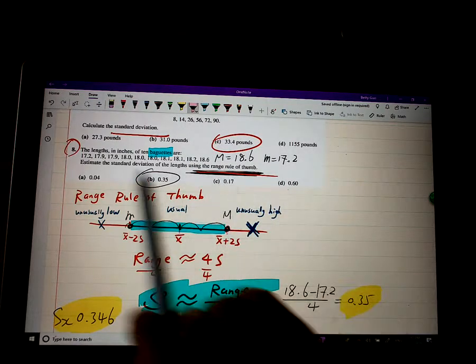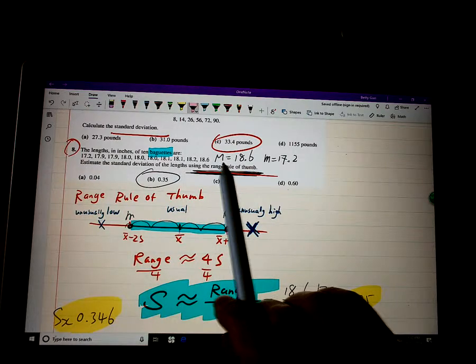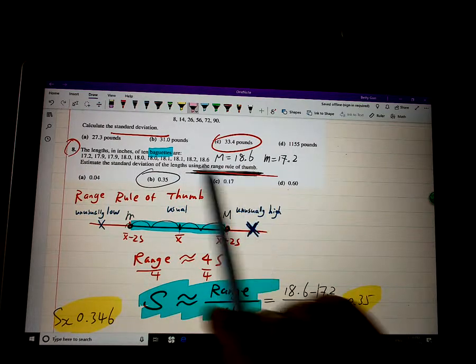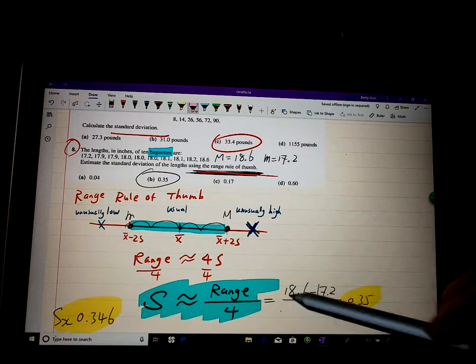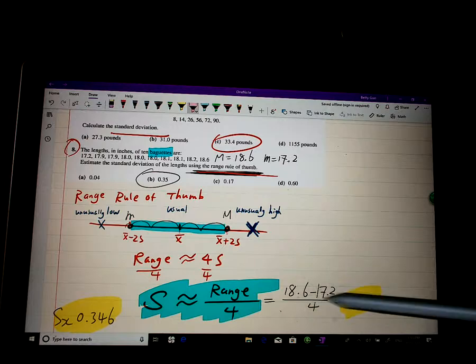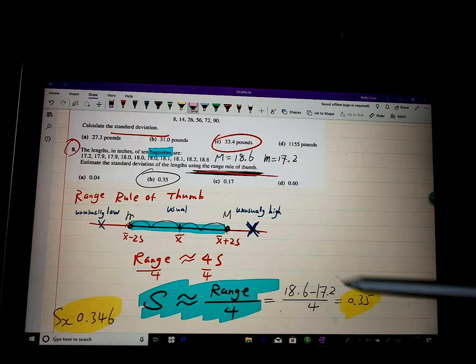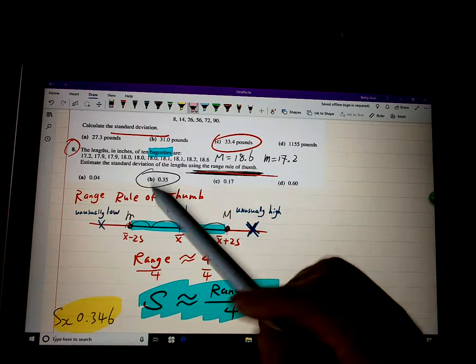Okay, so in this case, you can find the maximum, which is 18.6, the minimum, 17.2, and the range is maximum minus minimum. If you divide the range by 4, you get 0.35.